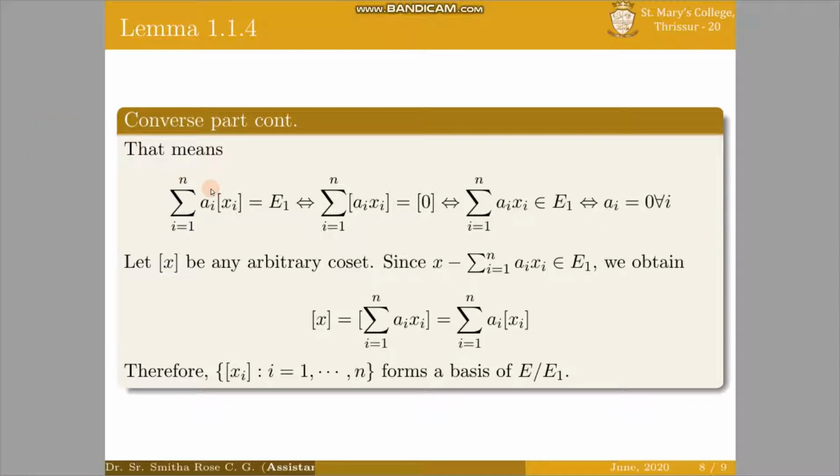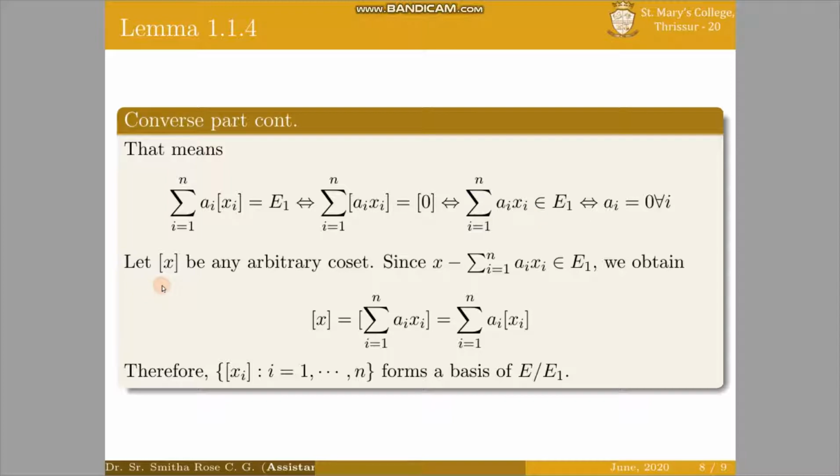That means we are taking the algebraic manipulations here. So summation i equal to 1 to n ai coset xi equal to E1 is implied by and implies summation i equal to 1 to n ai xi equal to the zero coset. That means the element summation i equal to 1 to n ai xi is in E1. That means each ai is equal to 0. Then that is the linear independence condition.